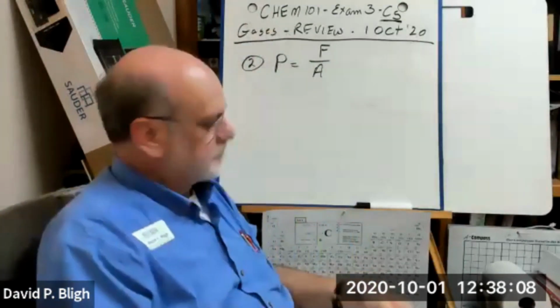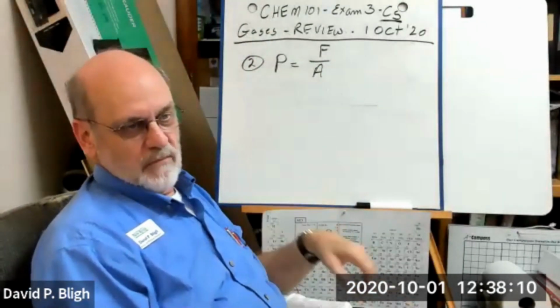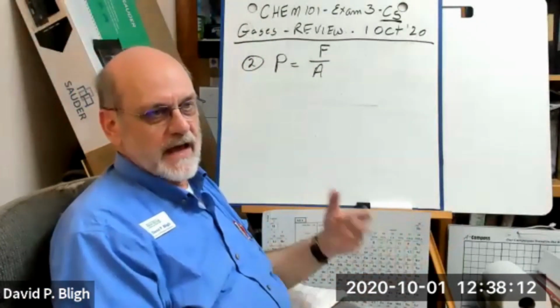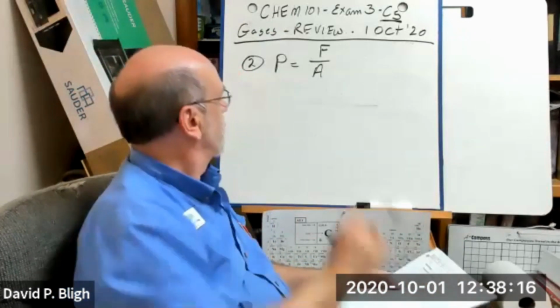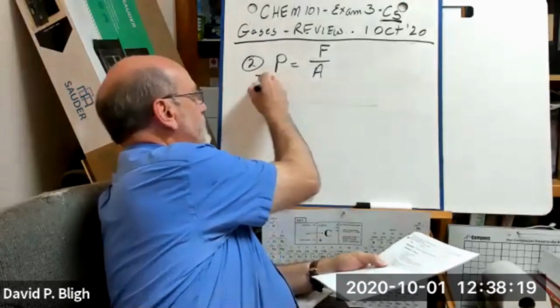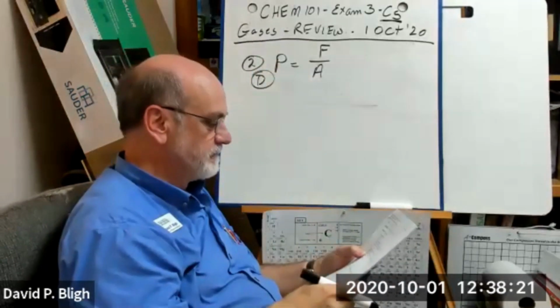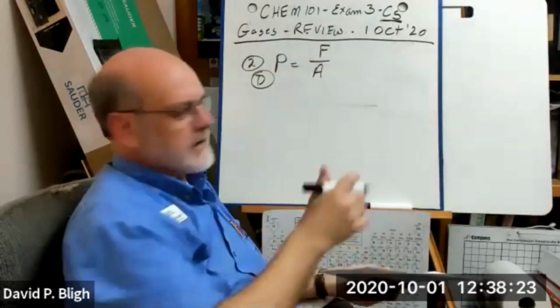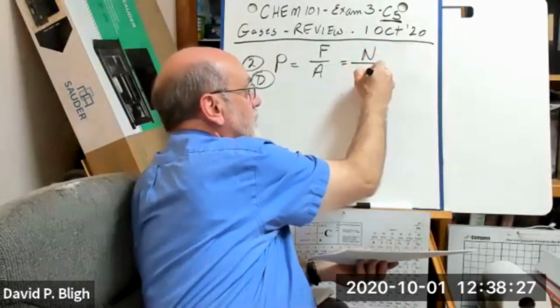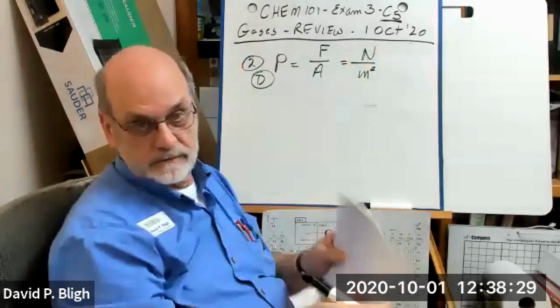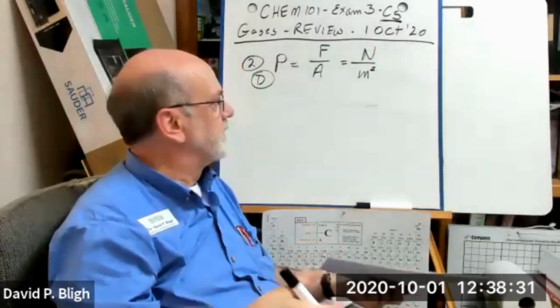All right. Now, we can think of various types of units of measure for that one. And by the way, the answer for that one is D. Force per unit area could be newtons per square meter. Newton is a unit of force.